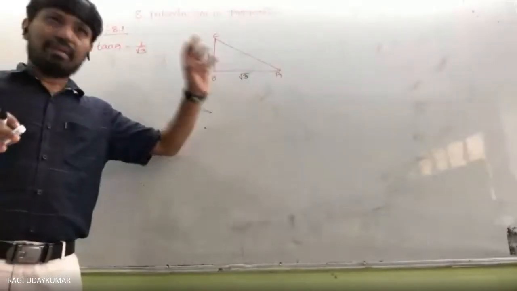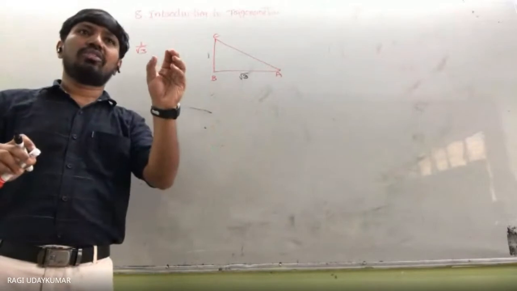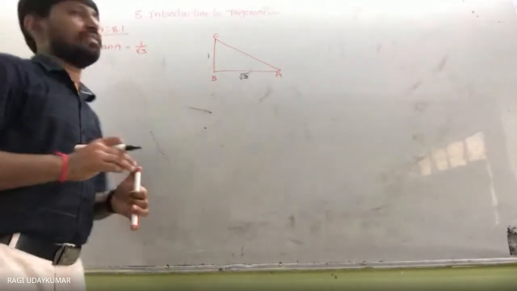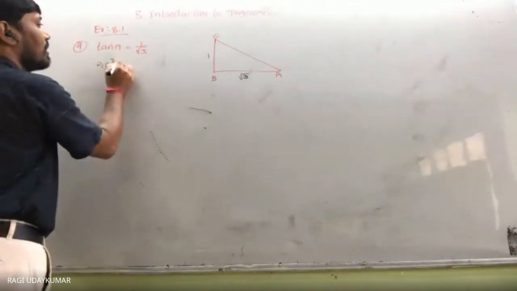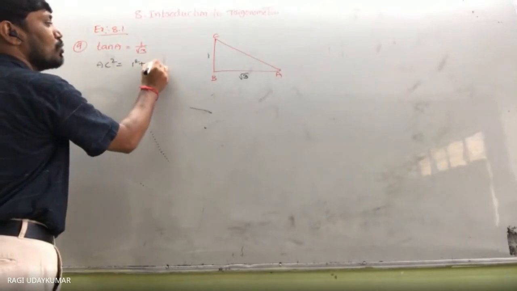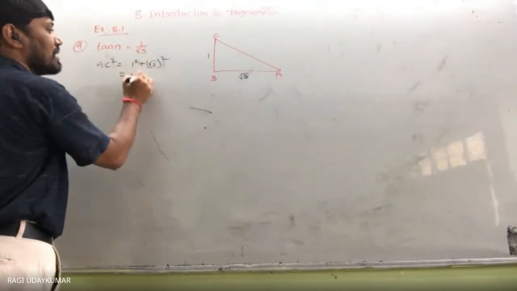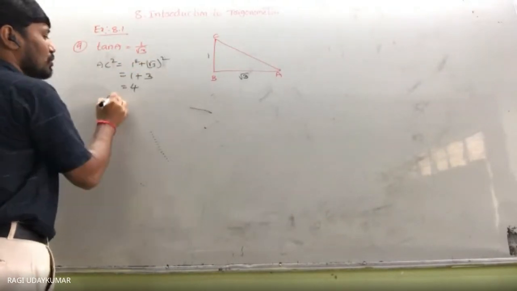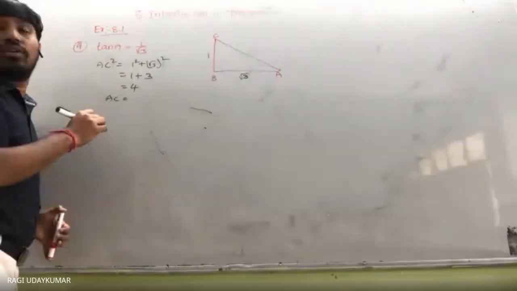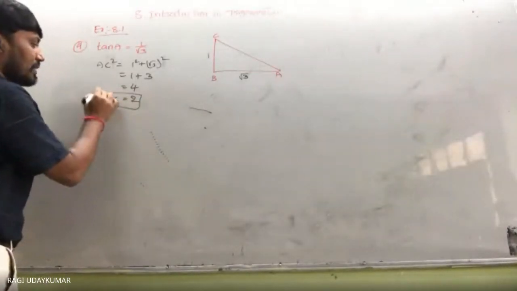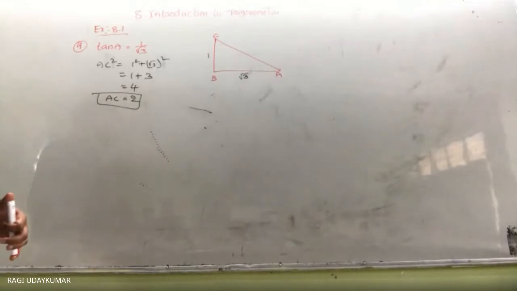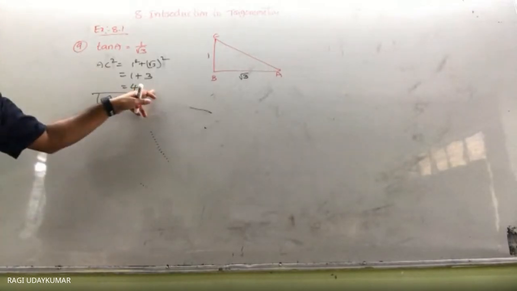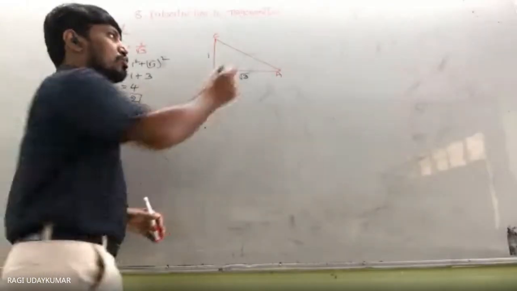But in short form, I am doing it like this. So AC square will be 1 square plus root 3 whole square. So 1 plus 3, which is equal to 4. So AC is equal to 2. Actually AC equal to plus or minus 2, AC square equal to 4. But minus 2 is not possible.